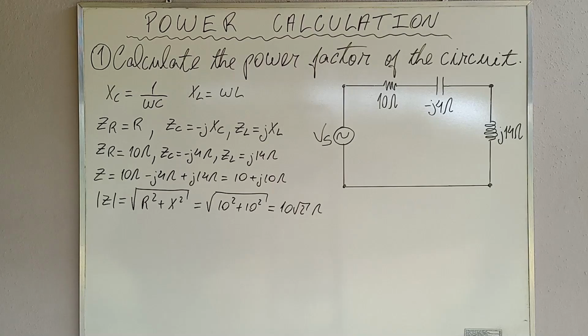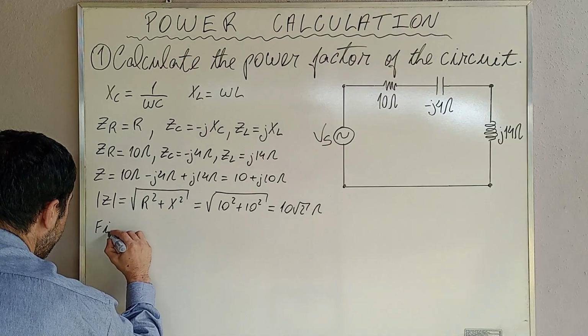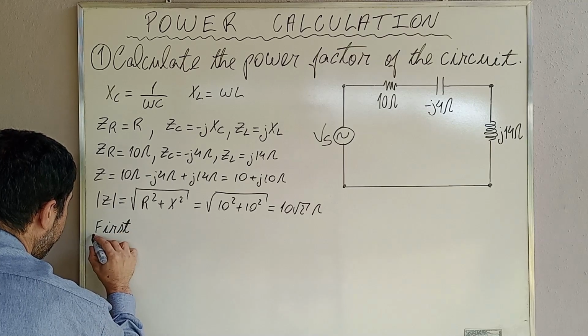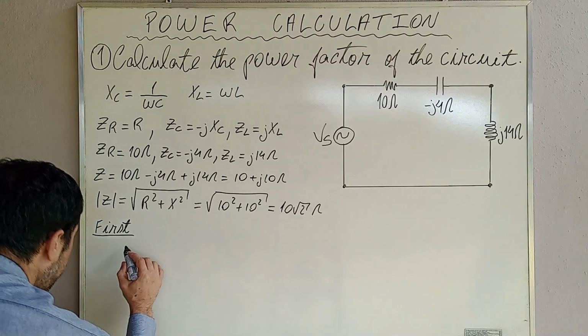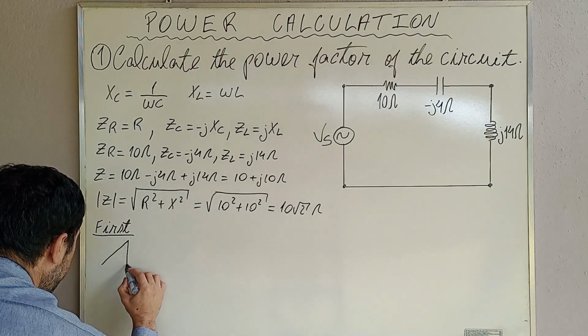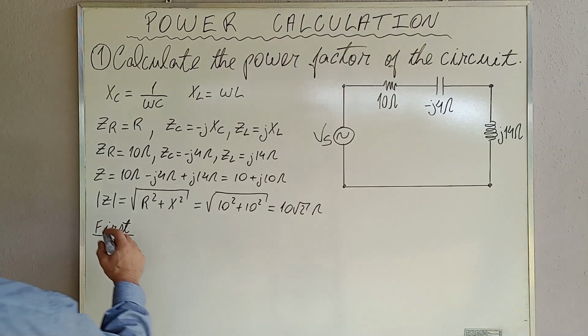The first method: the power factor is the cosine of the angle in the impedance triangle. First, we draw the impedance triangle. The hypotenuse is the magnitude of the impedance.